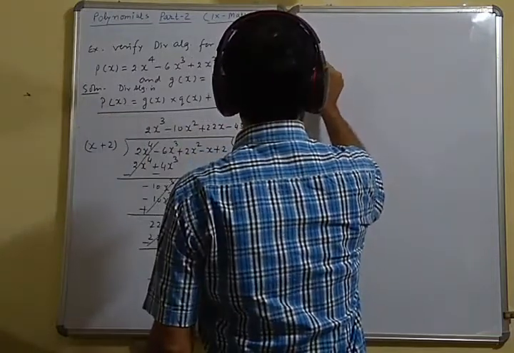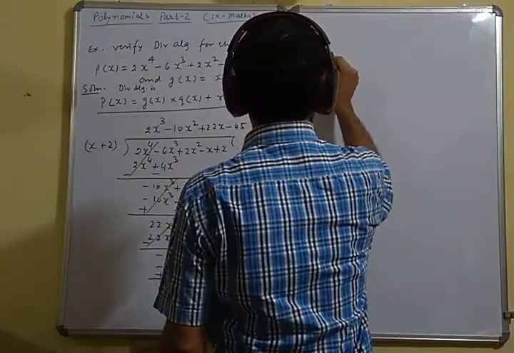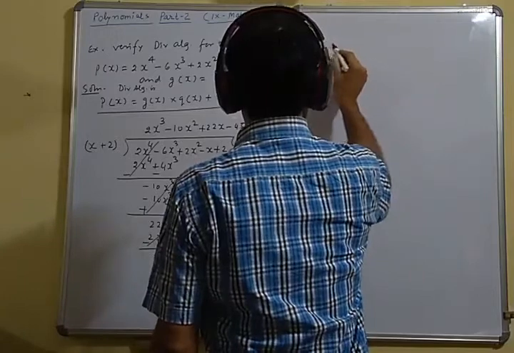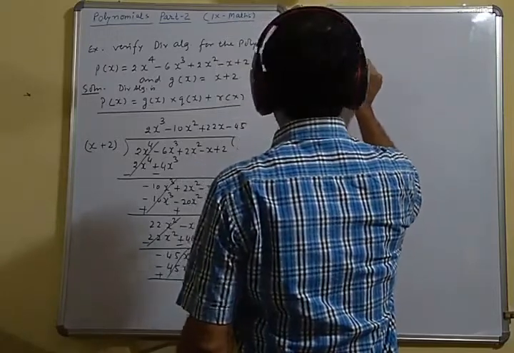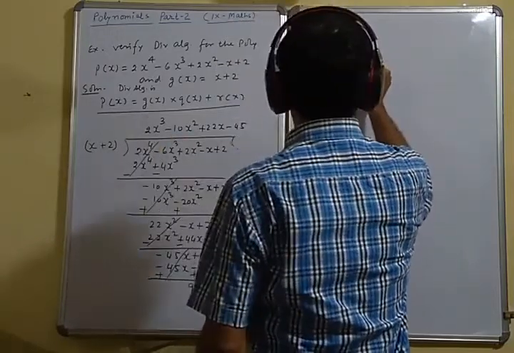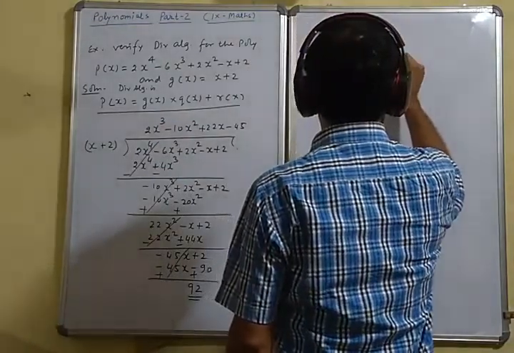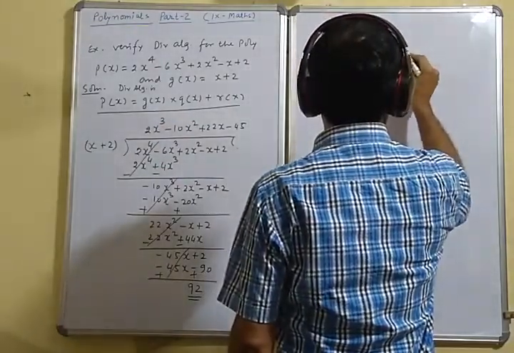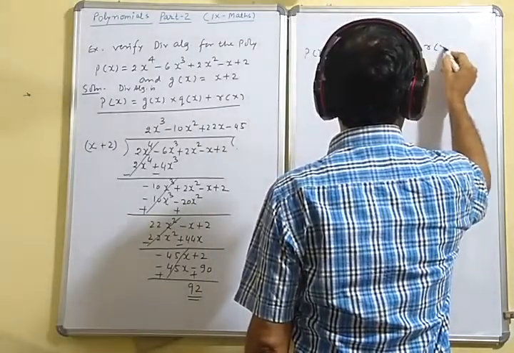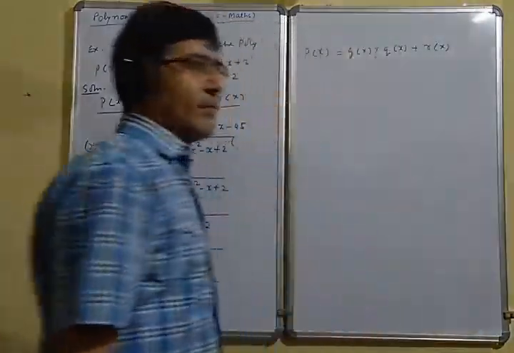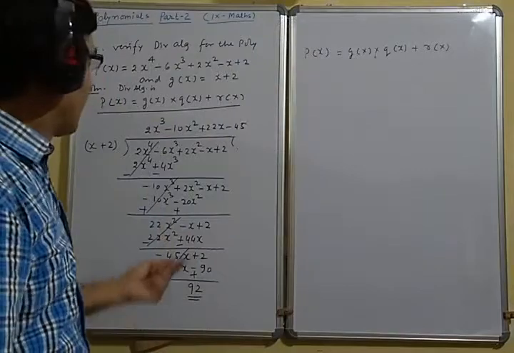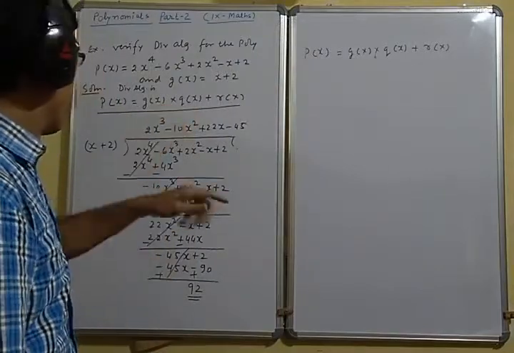So now, therefore, p(x) must be g(x) multiplied by q(x) plus r(x). Now multiply to verify p(x).